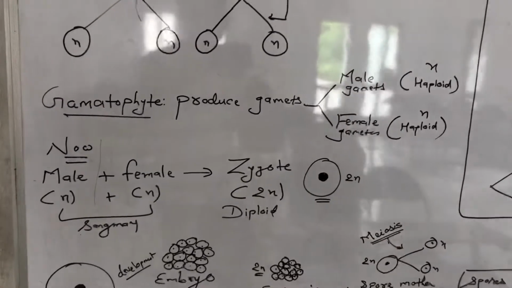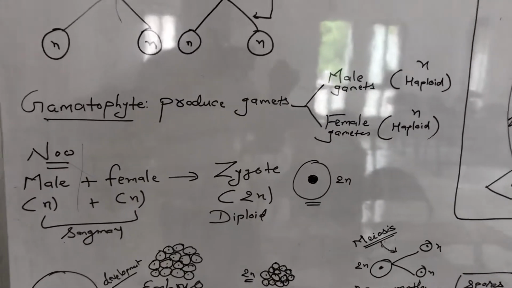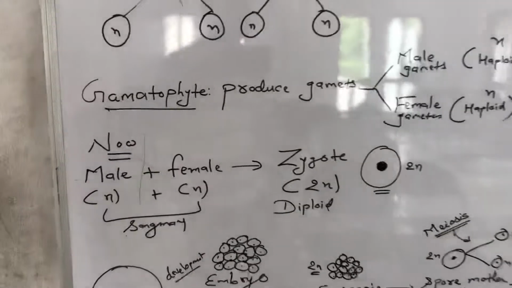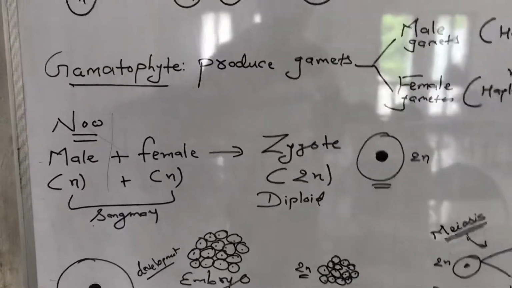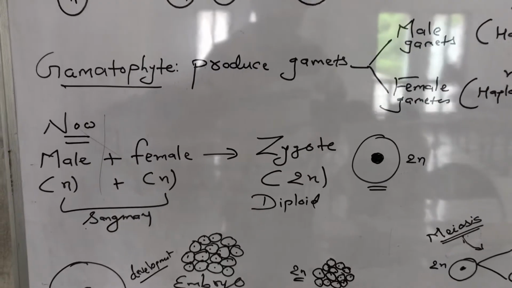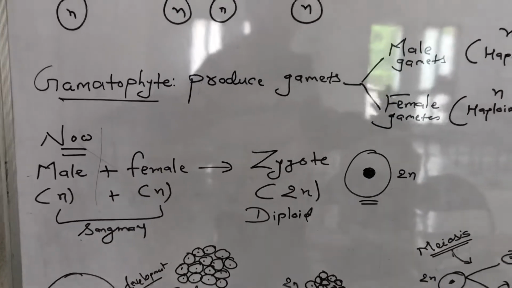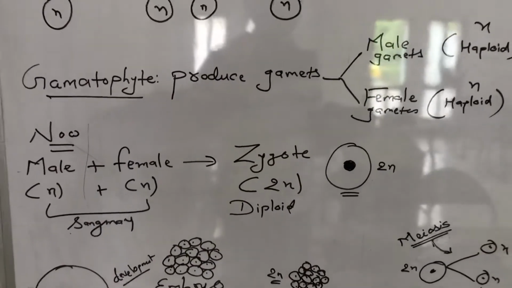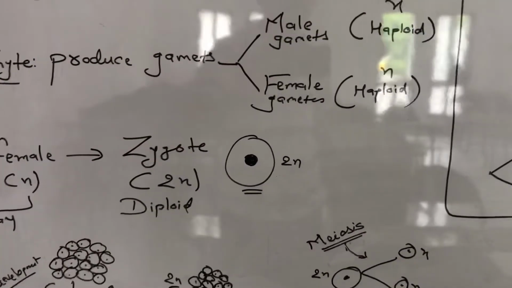Now this male and female gamete are going to join together, or combine, through the process called syngamy. When the male gamete and the female gamete combine, fertilization takes place, and it produces a zygote.